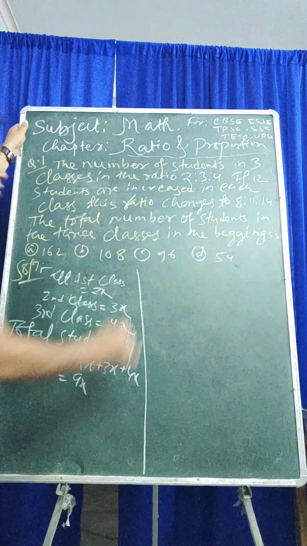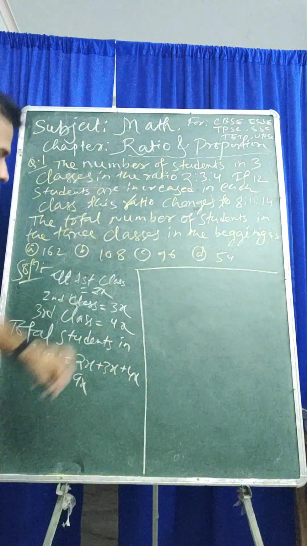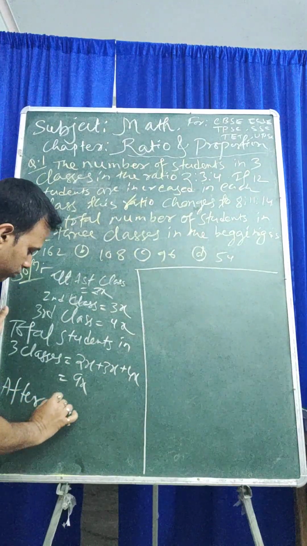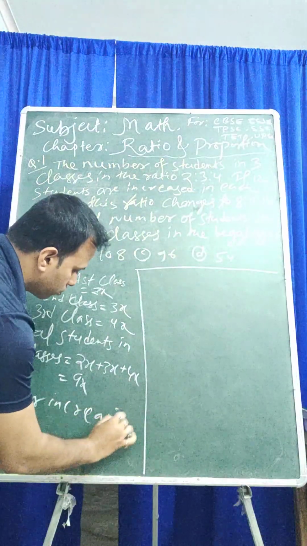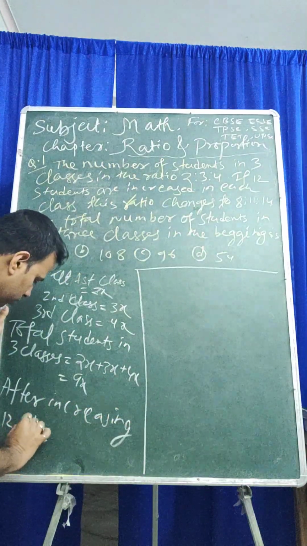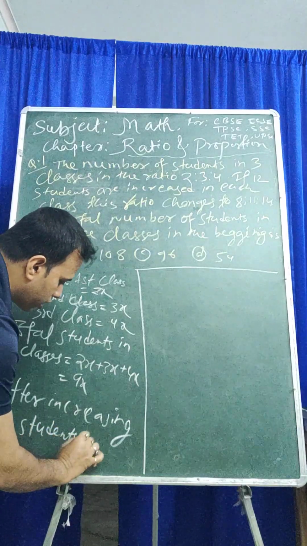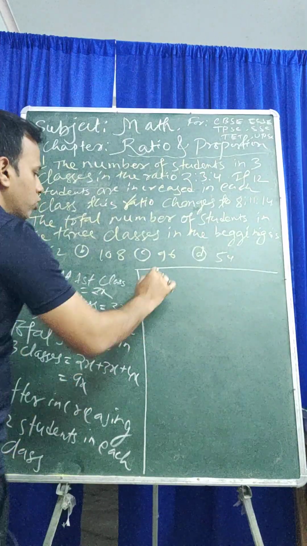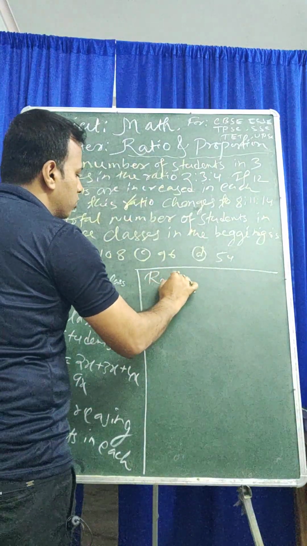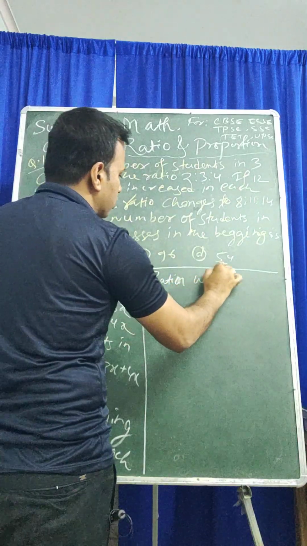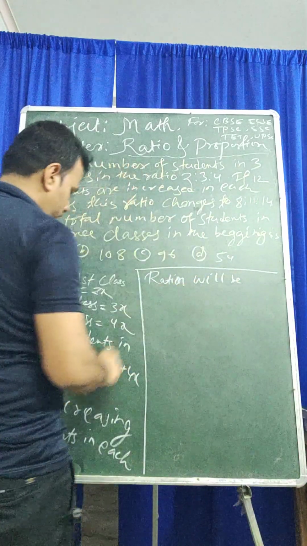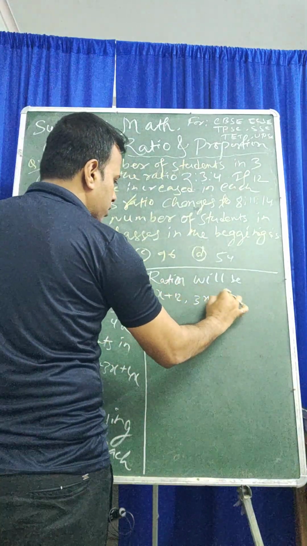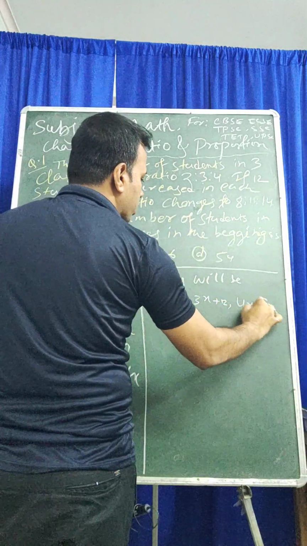Fine. Now 12 students are increased in every class. So after increasing 12 students in each class, the ratio will be 2x plus 12, 3x plus 12 and 4x plus 12.